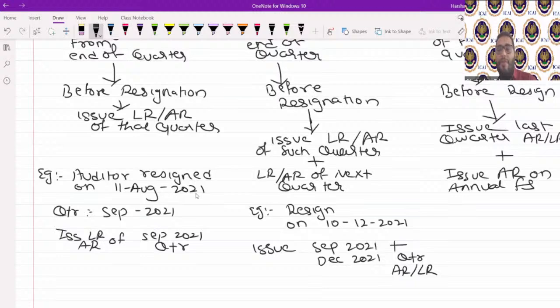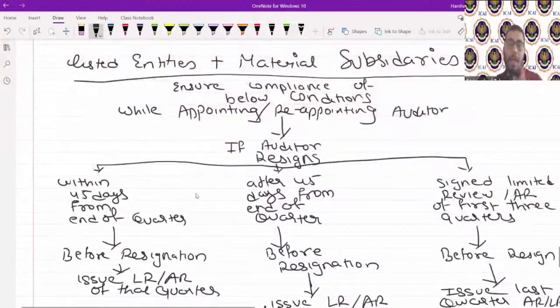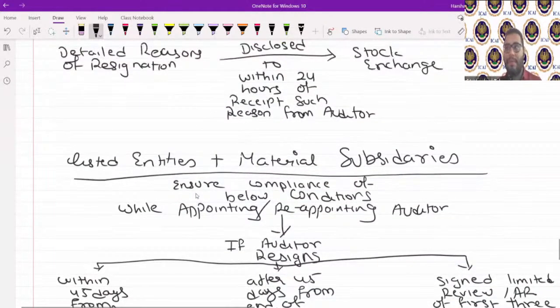In the same way, in each of the cases, the company needs to ensure these requirements. If the company is ensuring these requirements, then only it can be said that the company is complying with the conditions of corporate governance. This is one part of the conditions of corporate governance that the company needs to ensure. And it is affecting the auditors also. So it is two-way round.